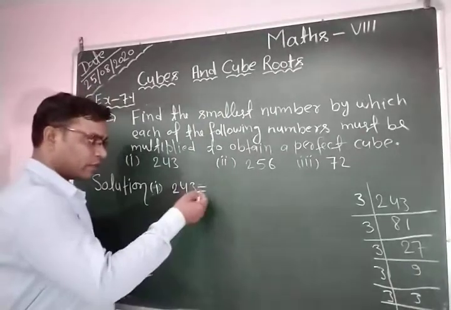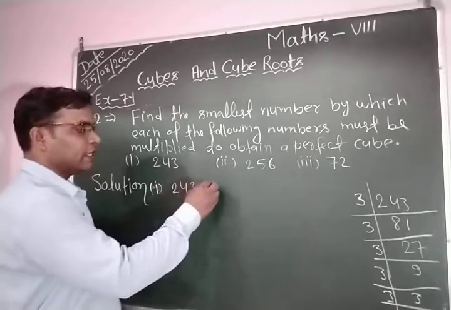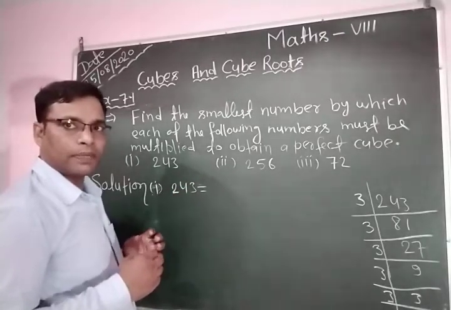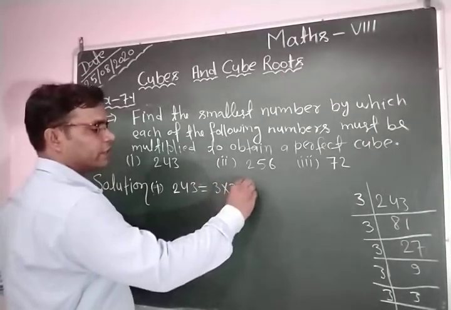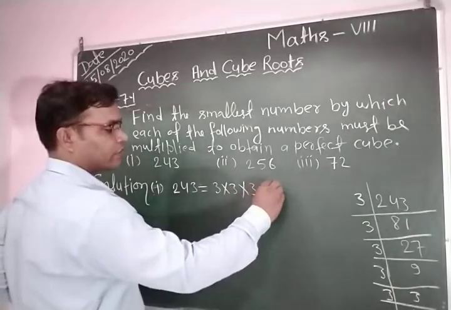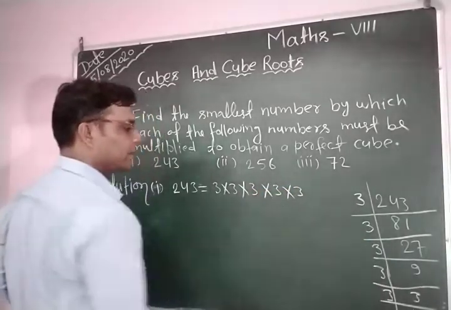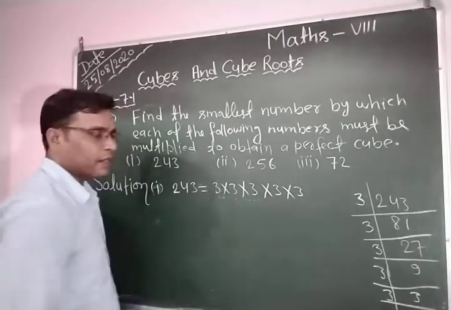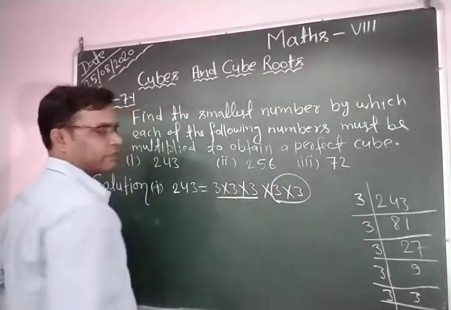Okay, so we express 243 as the product of prime factors. This is equal to 3 into 3 into 3 into 3 into 3, 5 times. Okay, so here you can see this is a group of 3, but this is not a group of 3.